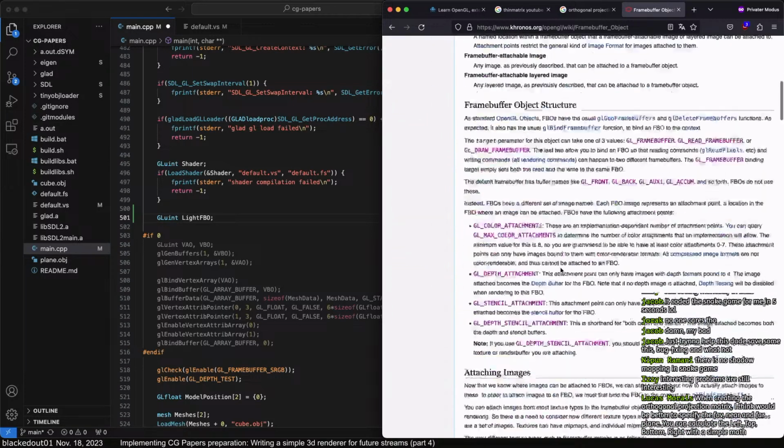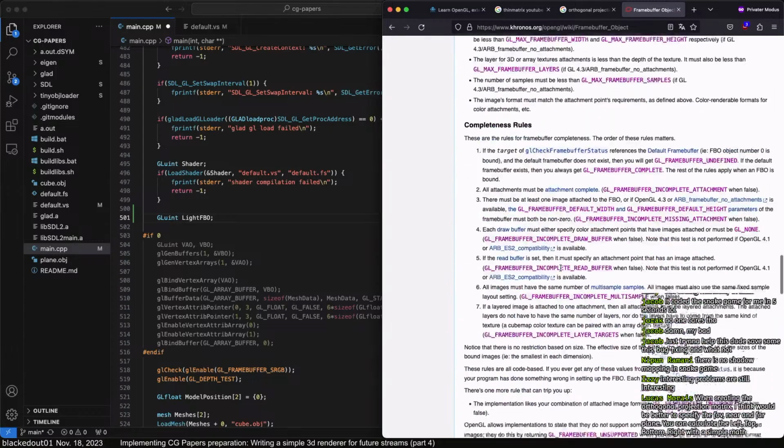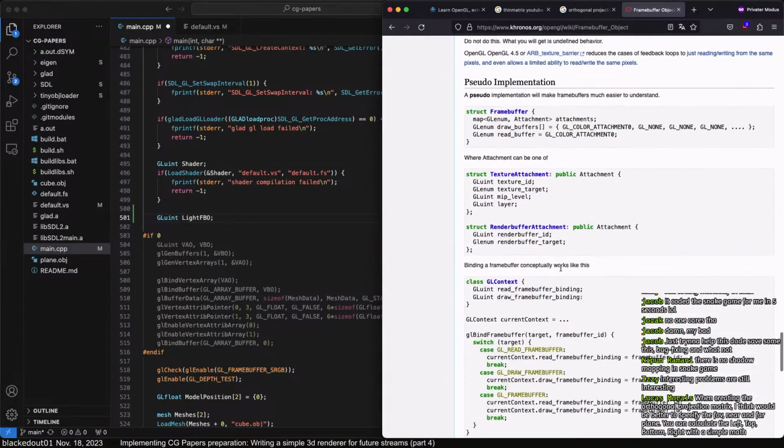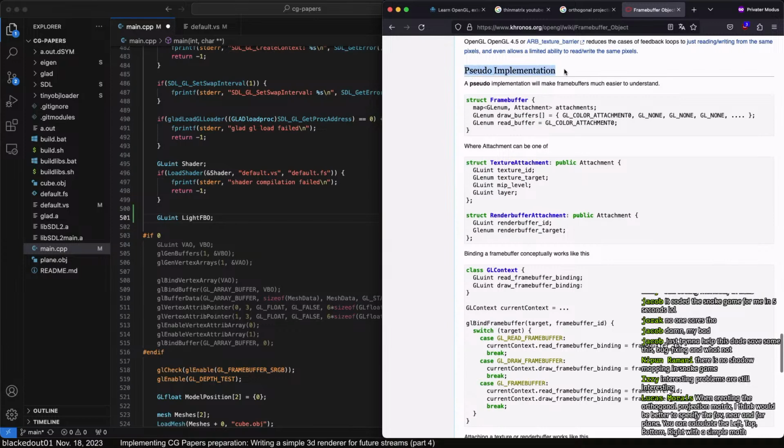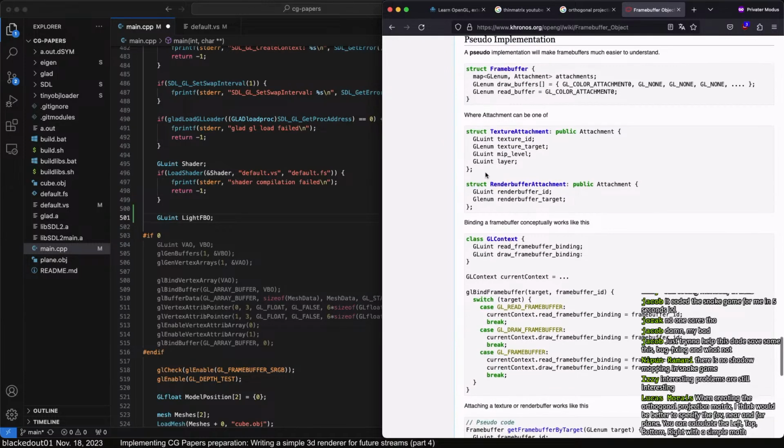And they have attachment points. Here they had a pseudo implementation where they basically express in code what a frame buffer actually is. I think this makes it a bit easier to understand.